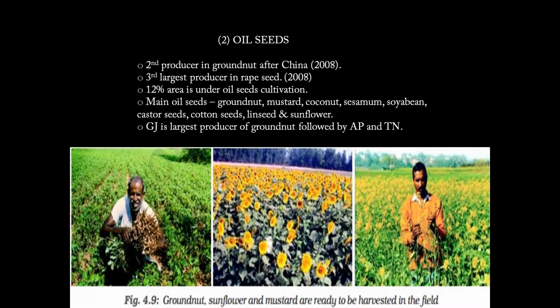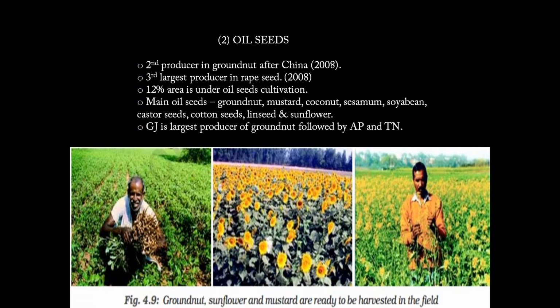So from which seeds or crops do we get oil? That is groundnut, mustard, coconut, sesame, then soybean, castor seeds, cotton seeds, linseed, and sunflower. So these many crops are there from which we get oil.